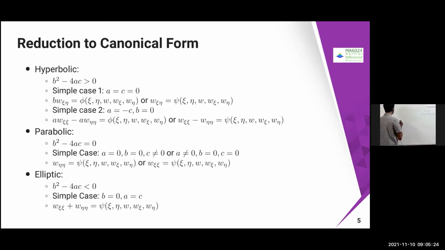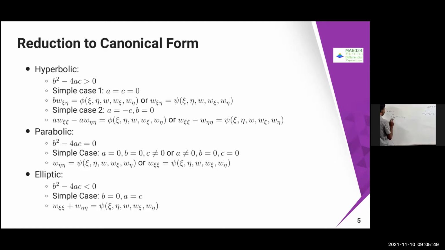Psi and pi are just some functions, so if I put pi or psi, it doesn't matter. So pi of chi, eta, w, w_chi, w_eta. Or simply, this is some function which is either p of chi or p of y, which is not equal to 0, so I can absorb it over here.